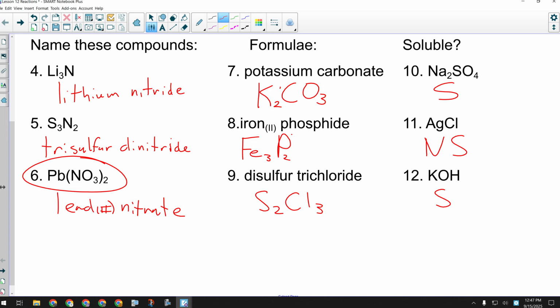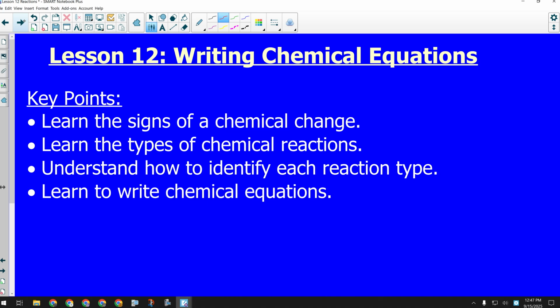Every nitrate has 3 oxygens, and there's how many nitrates? 2. So how many nitrogens are there? 2. Is that making sense? We've got to be able to interpret and read numbers. That involves a little bit of multiplication and division. It's all in there, but nothing too stressful. Okay, let's have a look at reactions then.